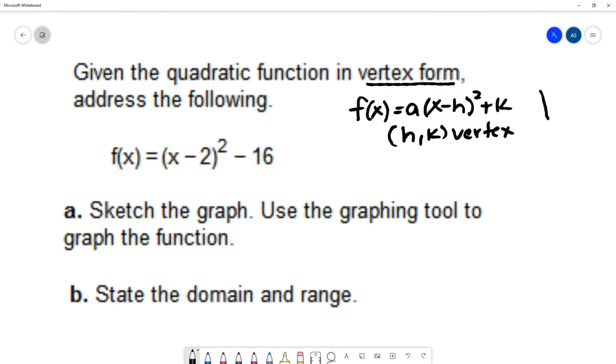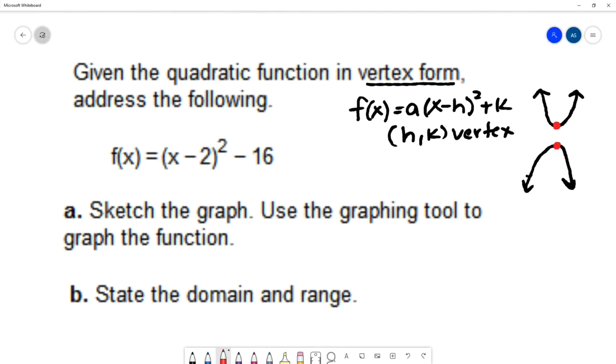So if you have a parabola that is opening up like this, the vertex will be this lowest value here. And if you have a parabola that's opening down, it will be this highest point here. So that's very convenient when trying to draw the graph, knowing that vertex.